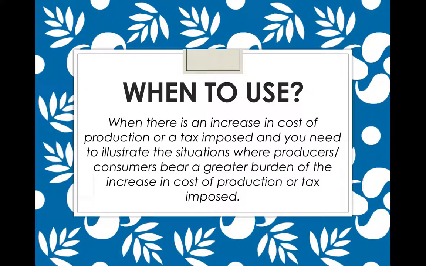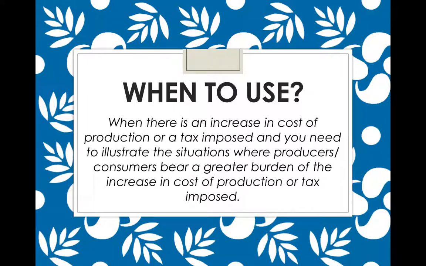So when do we use these diagrams? We use these diagrams to illustrate tax burden on consumers versus producers when there is an increase in cost of production or when there is a tax imposed. You need to understand that such diagrams are not just limited to illustrating tax incidence, but also the incidence of any increase in cost of production of a good.